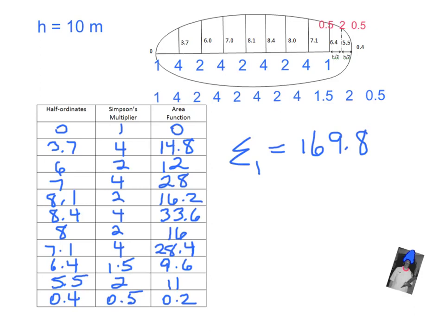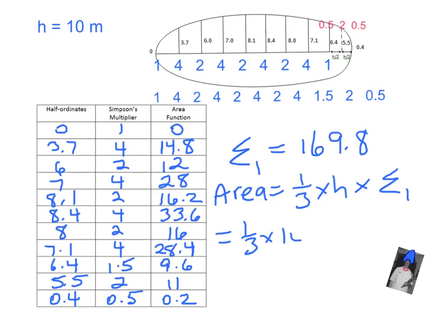Using Simpson's first rule then, the area will be 1/3 times h times our area function, which is 1/3 times 10 times 169.8, and then I'm going to multiply by 2, because we recall that we want the entire waterplane area, not just this first half.